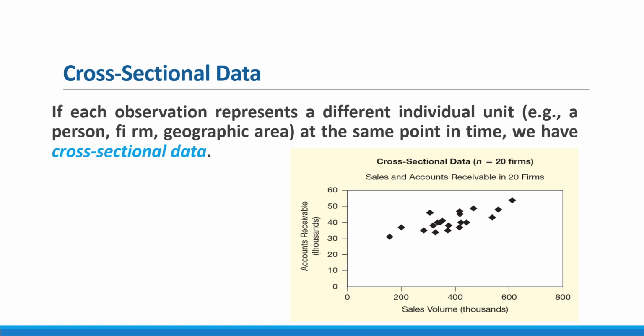Another example, if we are considering employee X and we want to study the evolution of his salary over the past 40 years, in this case, we are considering a single observation, the employee X, and we study the evolution of his salary over the last 40 years. This is an example of time series data.